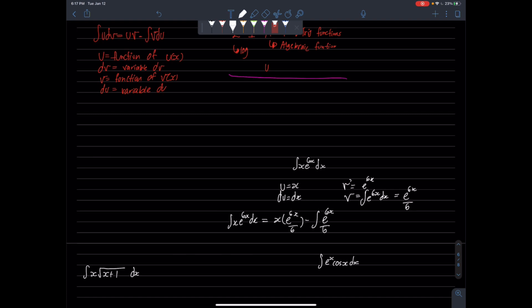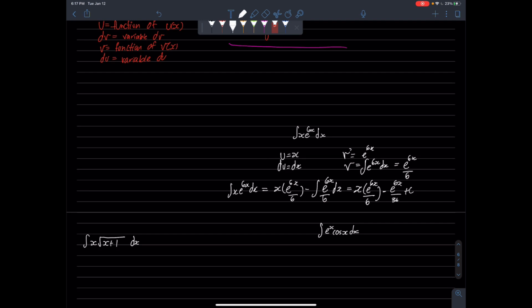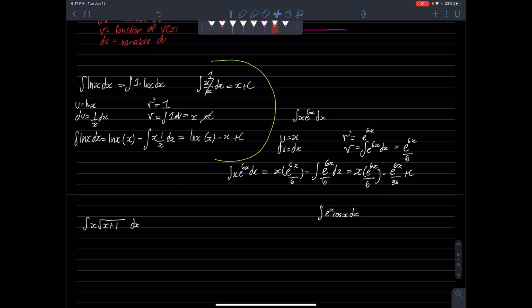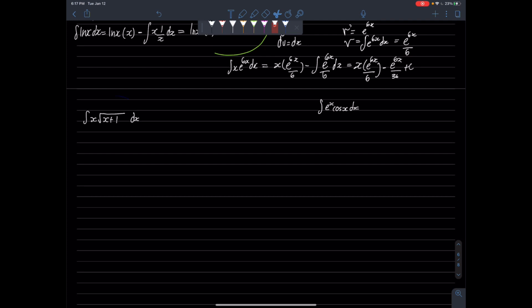And look, you got rid of the x, so now you can easily take the integral of this, right? There we go. Okay. Now let's do these ones.